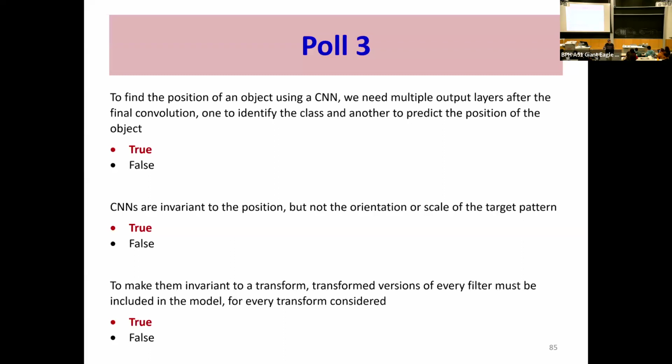If you want to explicitly introduce scale or rotation invariance, you're going to do this either by manipulating the training data or by introducing it in the form of transforms of the kernels. To make them invariant, transformed versions of every filter must be introduced, which can be quite a pain.